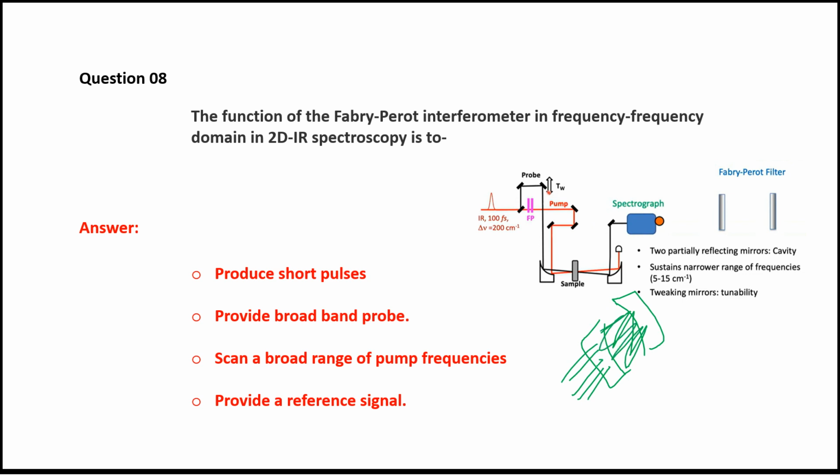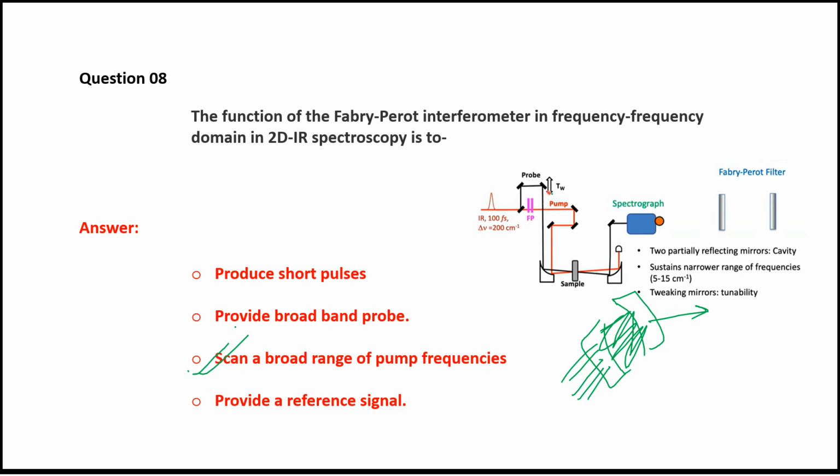Similarly, from here also the same thing will happen, and thus at last some amount of light comes out after partial reflectance. Now, this whole thing is used in order to scan a broad range of ground frequency. So this is the answer to this question.